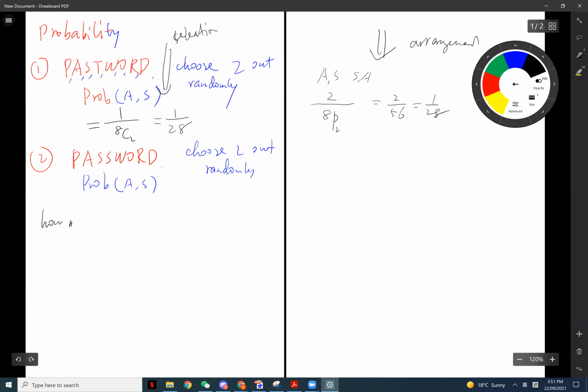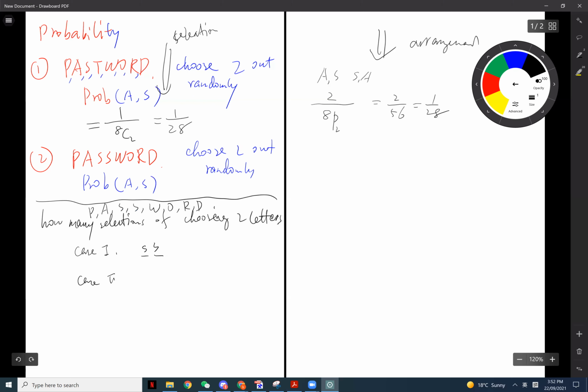How many selections of choosing two letters? Case 1, just SS.